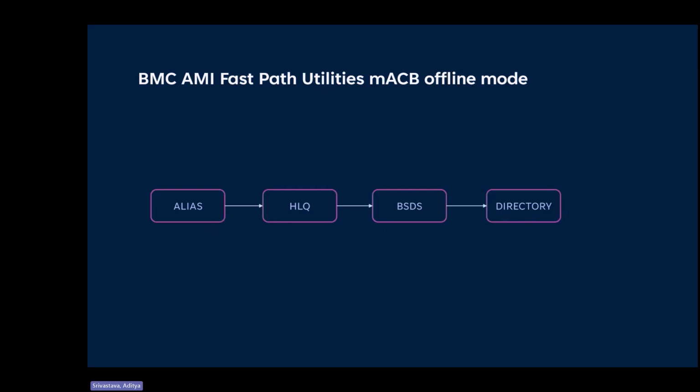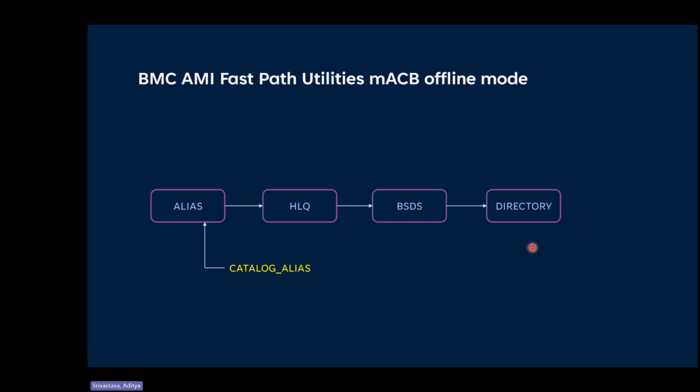Now, how do you get an alias name using the BMC utilities? We have several ways, okay? One of them is by using the catalog alias keyword under the PFP options, and in this, you provide the alias name directly. And once you have the alias name, you have several ways to get the HLQ and move ahead.